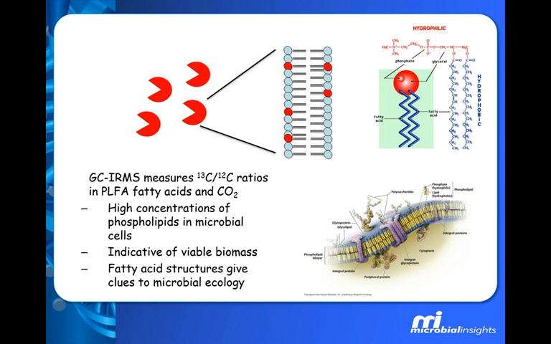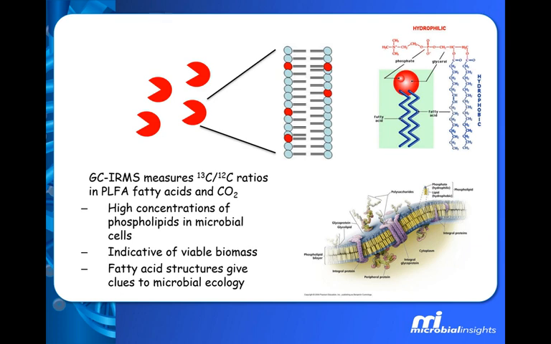The most common biomarker to be analyzed will be phospholipid fatty acids, and the only reason for that is because there's such a high concentration of phospholipid fatty acids in microorganisms. So if we're simply wanting to detect the incorporation of C13 into biomarkers, that's the go-to biomarker.